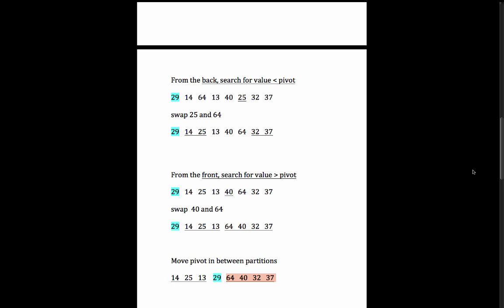Of course, this is not completely sorted. I want all the values with respect to each other sorted. So the technique is going to take this partition and do the same thing. In other words, determine a pivot and then create two partitions with values greater than or smaller than the pivot, move the pivot to the right position, and then this one, again, find a pivot and create two subdivisions.